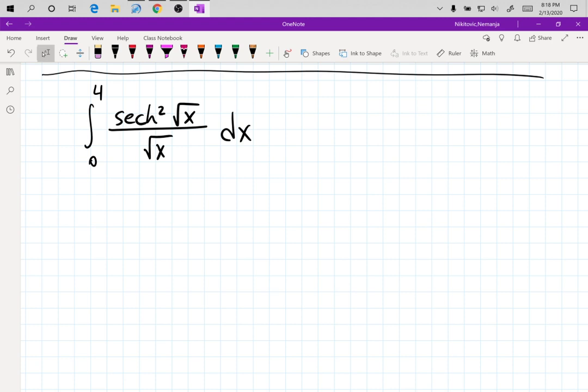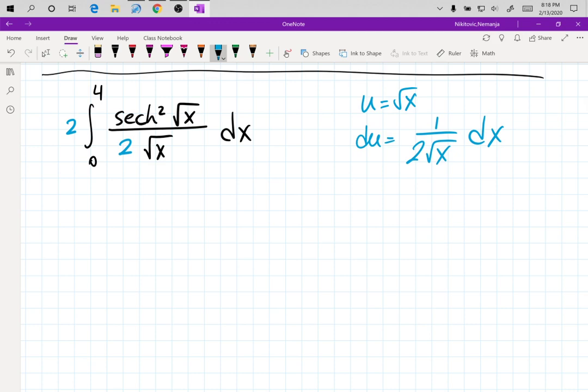So u equal root x, du equal 1 over 2 root x dx. I don't have this 2, so I'm going to install the 2. And I'm also changing my limits because I don't want to go back into root x. So u1 is the square root of 0, which is 0. And u2 is square root of 4, which is 2.